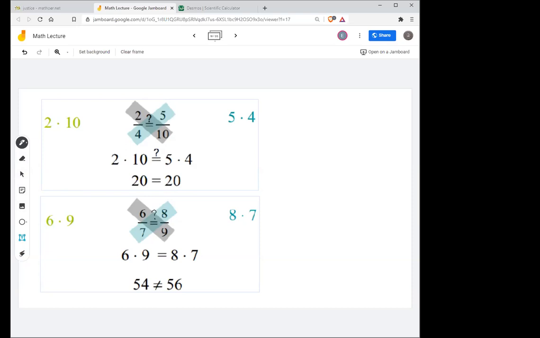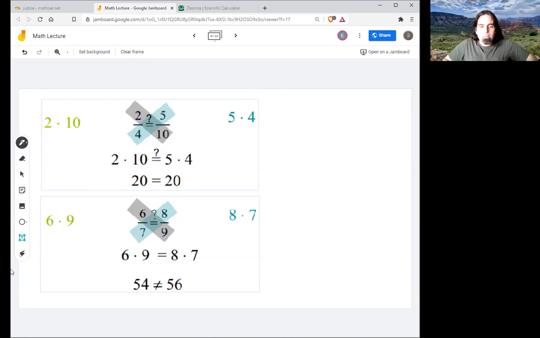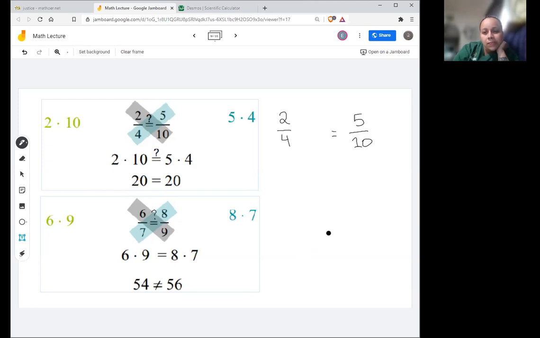I'm not sure. Maybe Ruthie can help since she's never seen this before. If somebody asked you before today, can you compare 2/4 and 5/10? What would your instinct be to do? Would it be cross multiply, something like that?